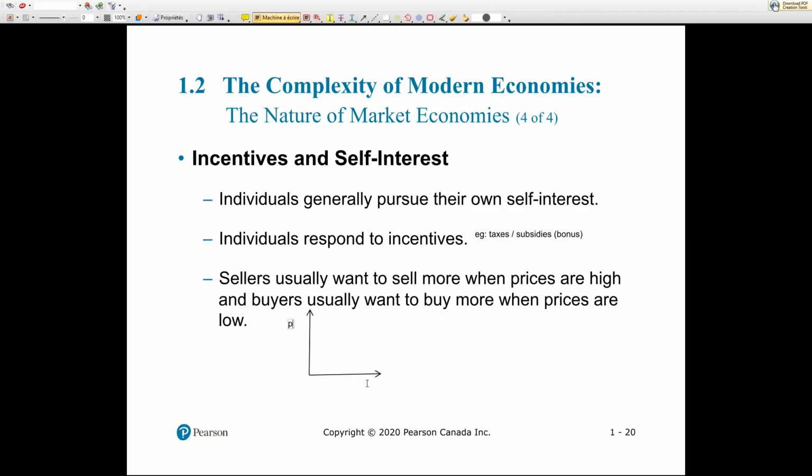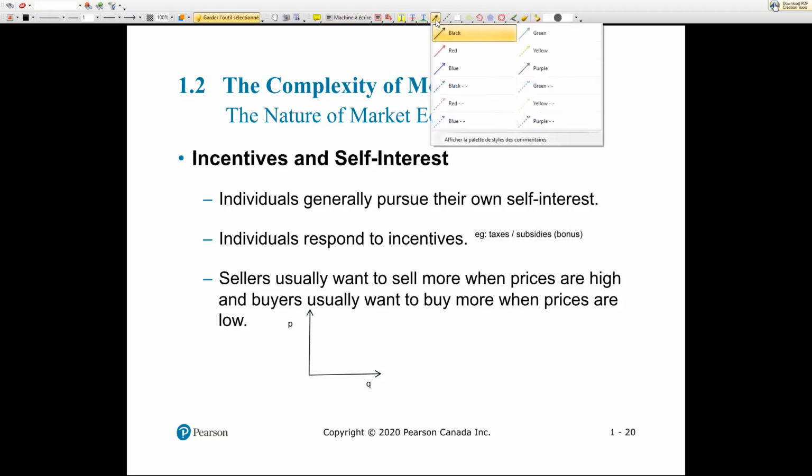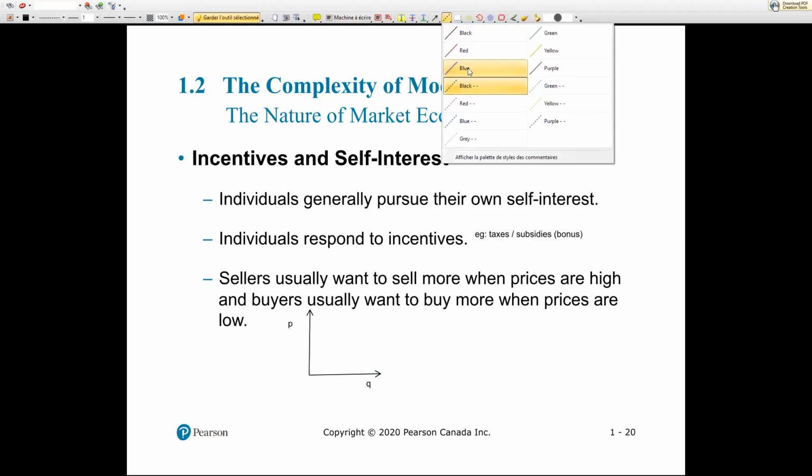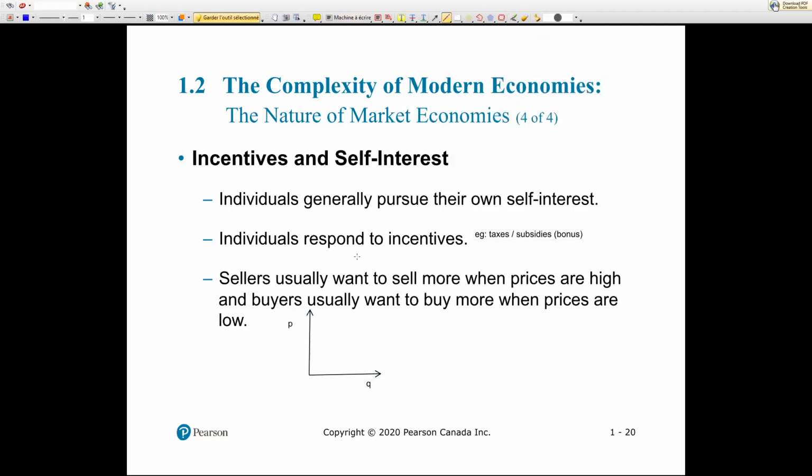I have price here and quantity there. Does it perhaps lead to shortage and surplus? Yes, demand versus the offer. Yes, supply and demand.